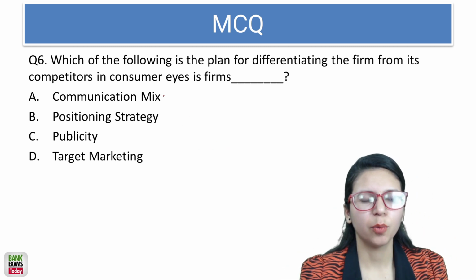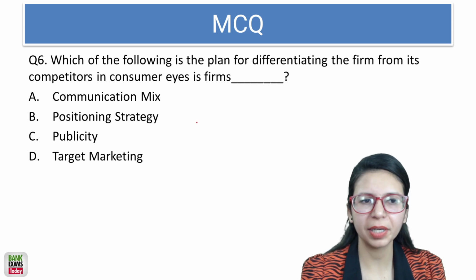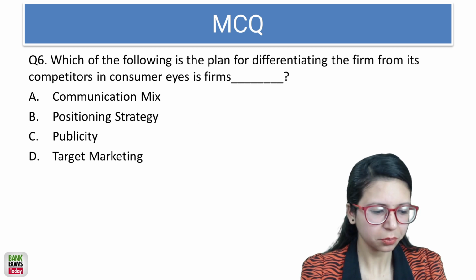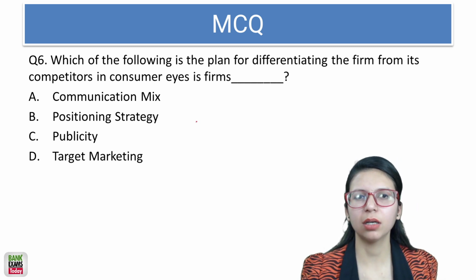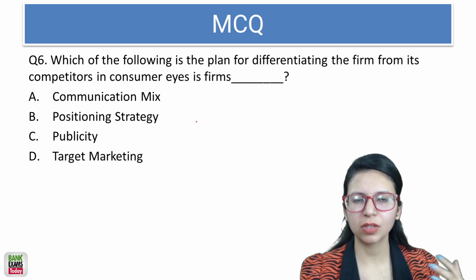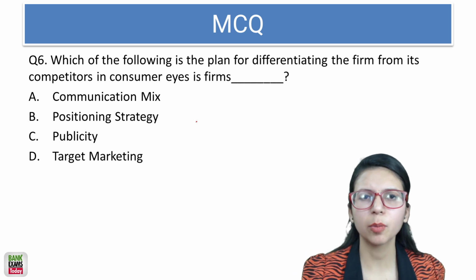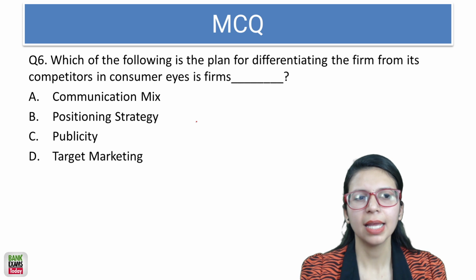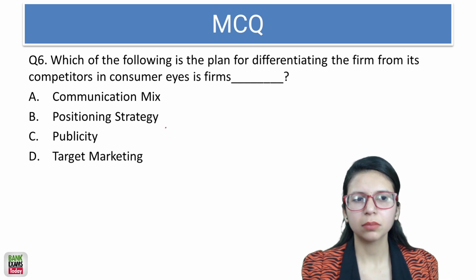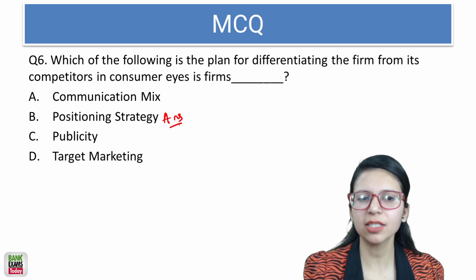Now, which of the following is the plan for differentiating the firm from its competitors in consumer eyes, the firm's dash? Whenever our business is making some product, to differentiate ourselves from our competitors, or from all of those who are in the market, the firm focuses more on the positioning strategy.